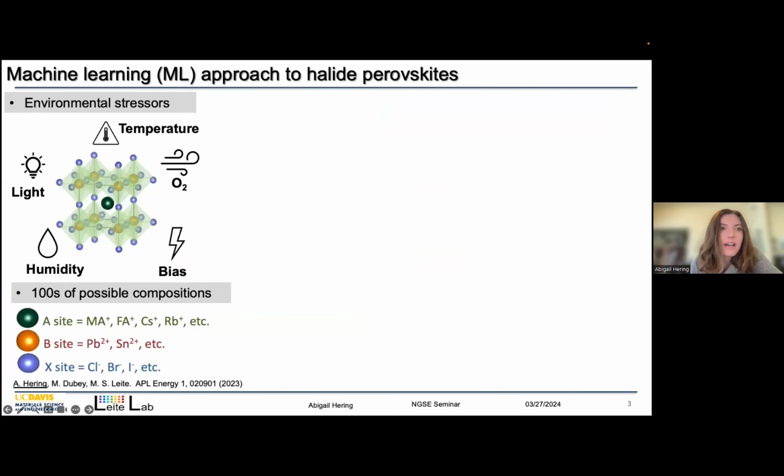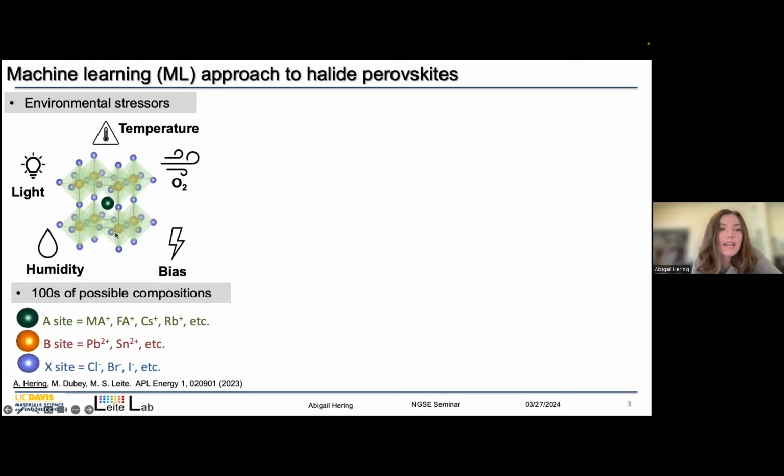Okay, so I'll start by introducing halide perovskites and the machine learning approach to studying them. The perovskite structure is shown here. At the A site, there is an organic or inorganic cation, such as methylammonium, formamidinium, cesium, or rubidium.